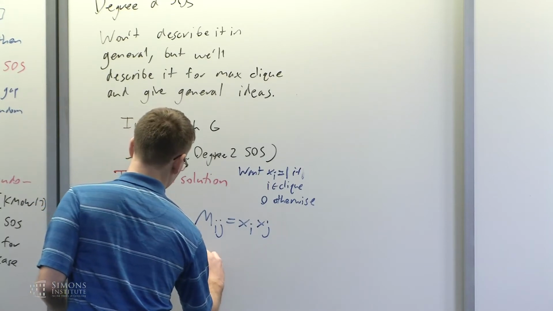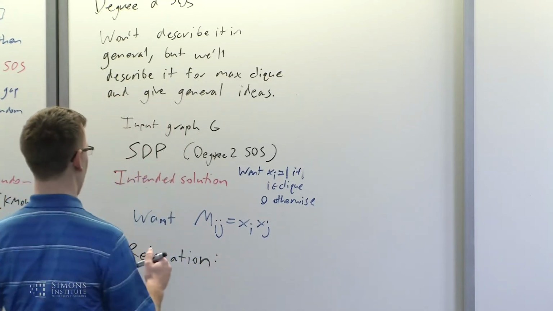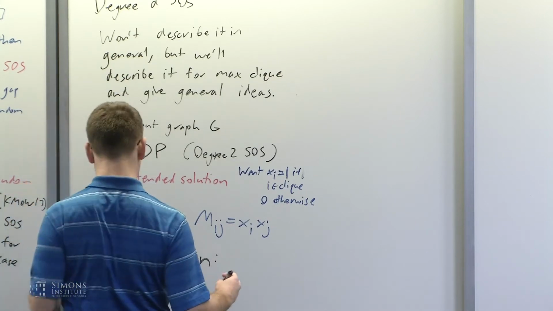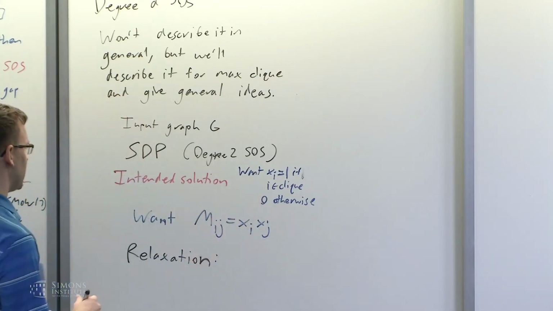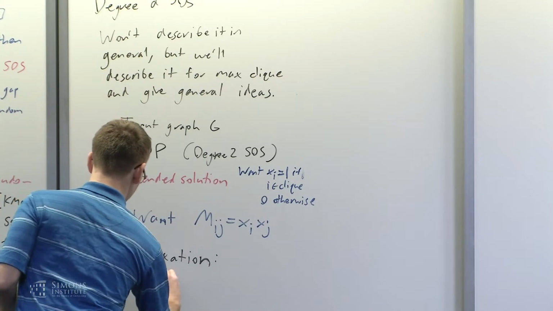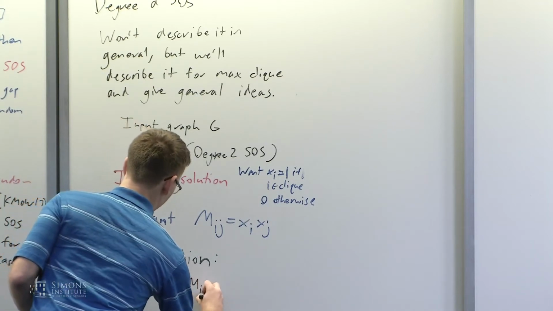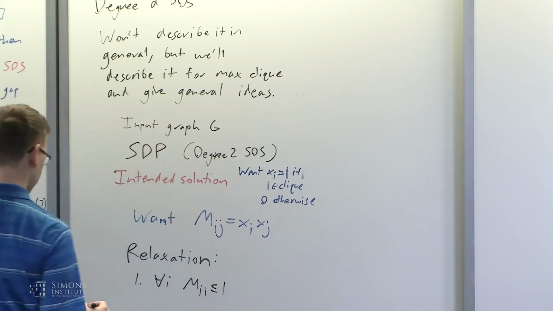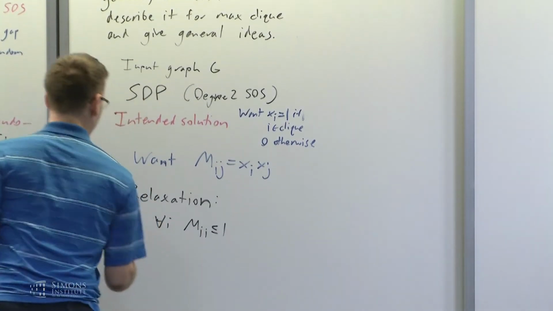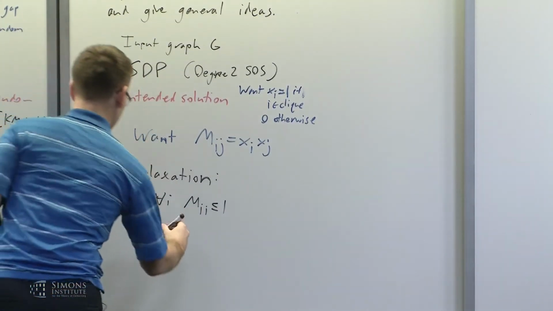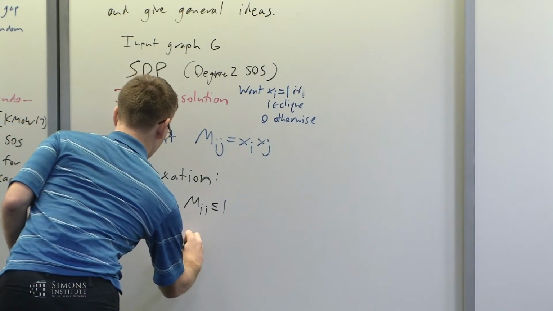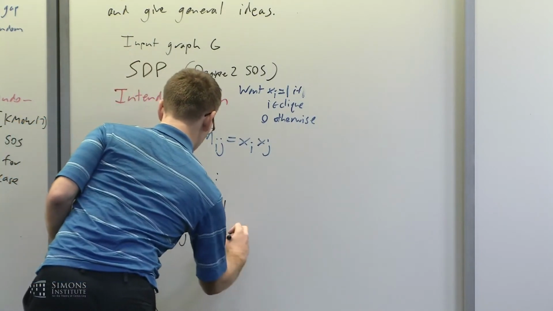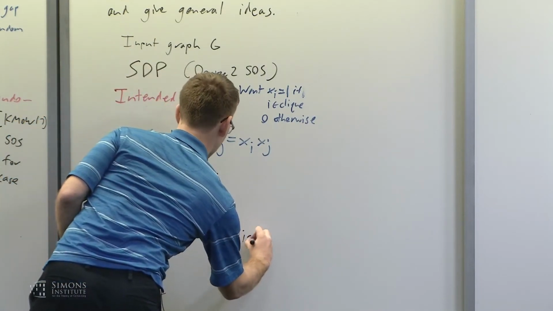So what kind of things can we say? So xi squared is going to be 0 or 1, but all we can really say there is that for all i, mii is at most 1. Well, we want this to be a clique, so we better have that mij is 0 whenever i is not adjacent to j.